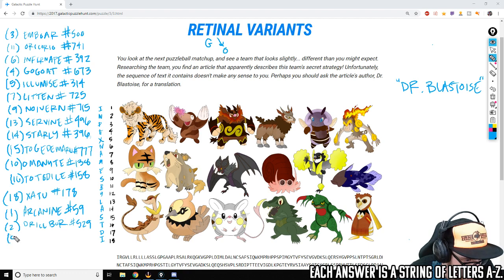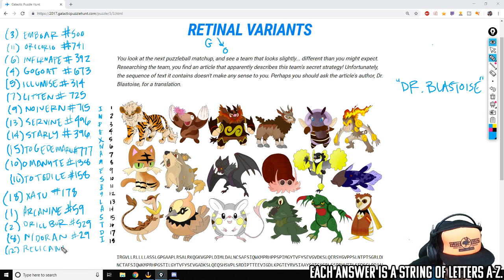And then Nidoran at number 8, which is 29. Relicanth at 12 for 369.